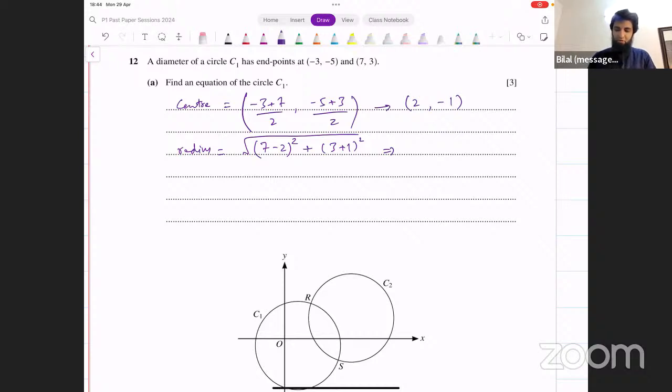That's 65 over 4. Square root of this. That's the radius.